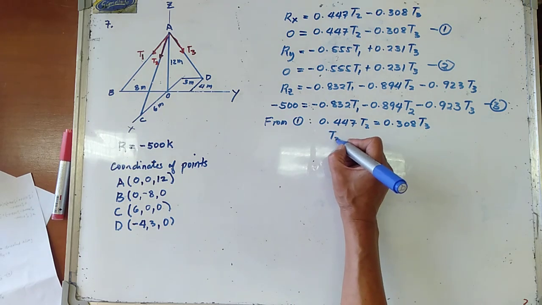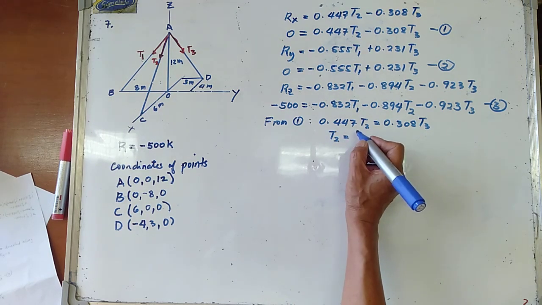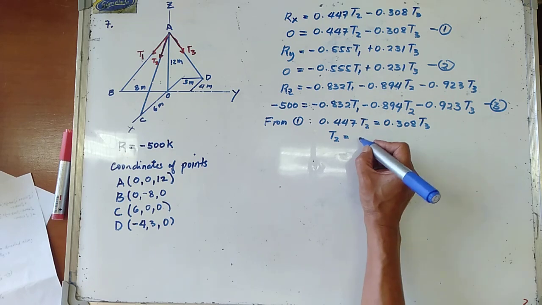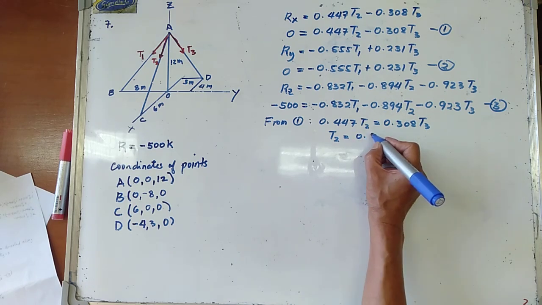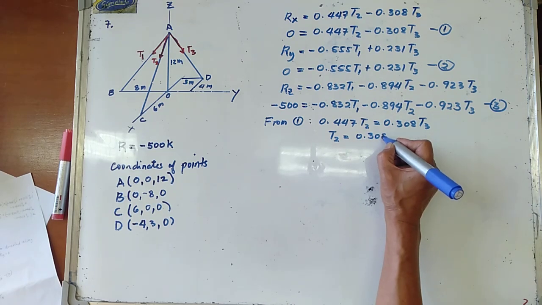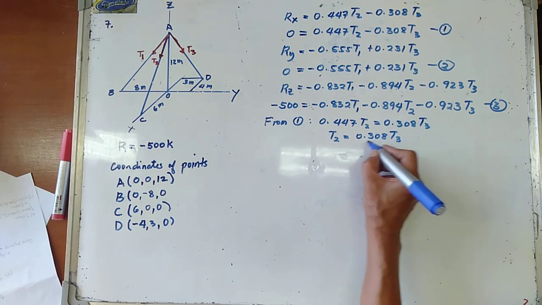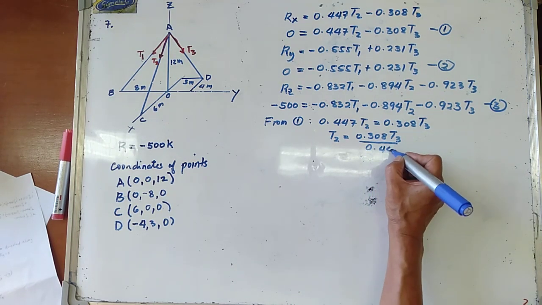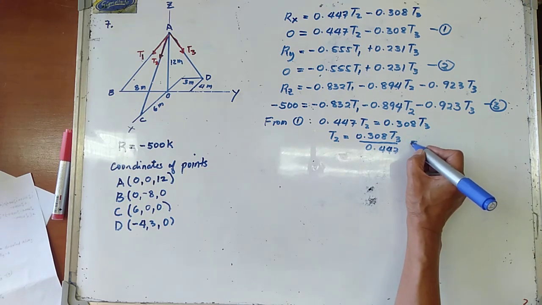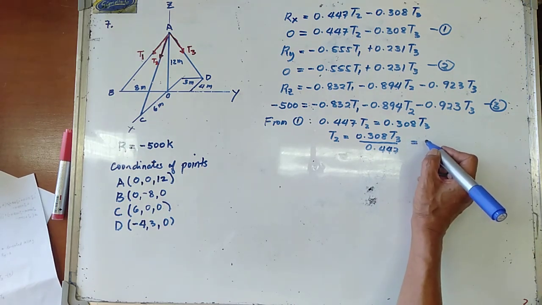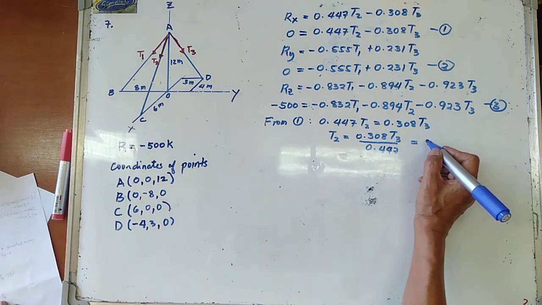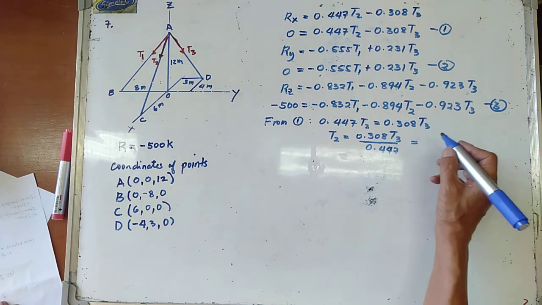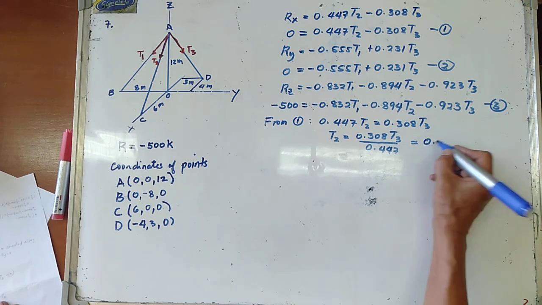Hence, your T sub 2 is therefore equal to 0.308 T sub 3 over 0.447, and this is equal to 0.689 T3.